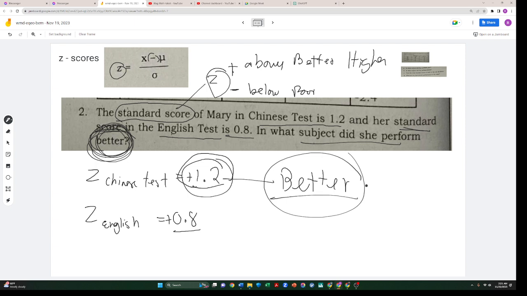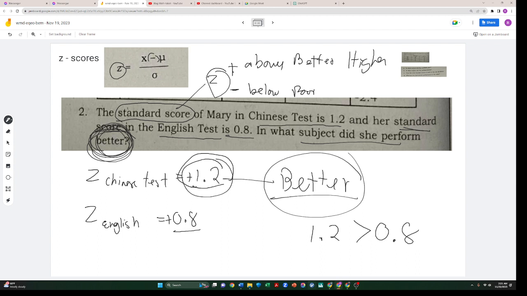Okay, also known as Z-scores. Okay? Are measure of how far the particular data points in from the mean of the group of data points. So 1.2 is greater than 0.8, right? So Mary performed relatively better in the Chinese test compared to the English test.